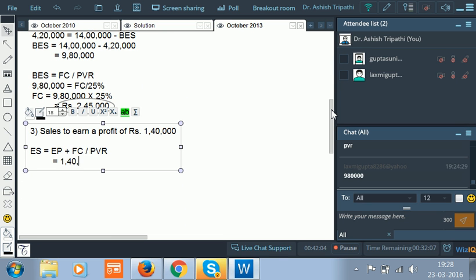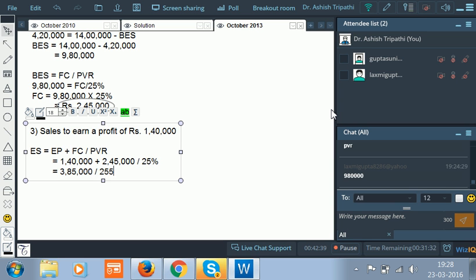That is equal to expected profit, which is 1,40,000, plus fixed cost, which we just calculated, is 2,45,000, upon PV ratio. PV ratio is 25%. So 1,40,000 plus 2,45,000 is equal to 3,85,000.